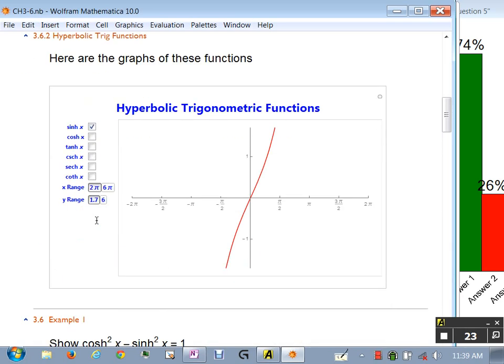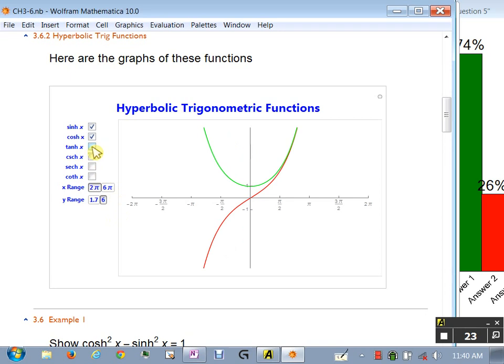Remember what sine looks like? Sine is a wave. Hyperbolic sine doesn't look like a wave, does it? Cosine hyperbolic, right here. There's that catenary, the hanging wire. That's a little better.